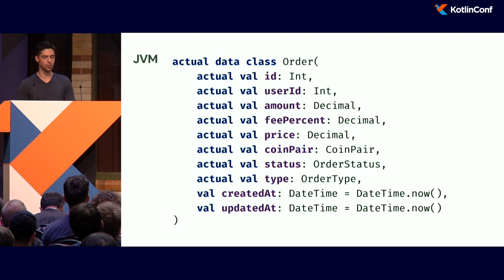And this is how it would look if you were implementing this class in the JVM project. You annotate all the fields with actual, you annotate the class name with actual, and then you can use the JVM APIs. In this case, you can use date times, and big decimals for the price amounts, and so on.